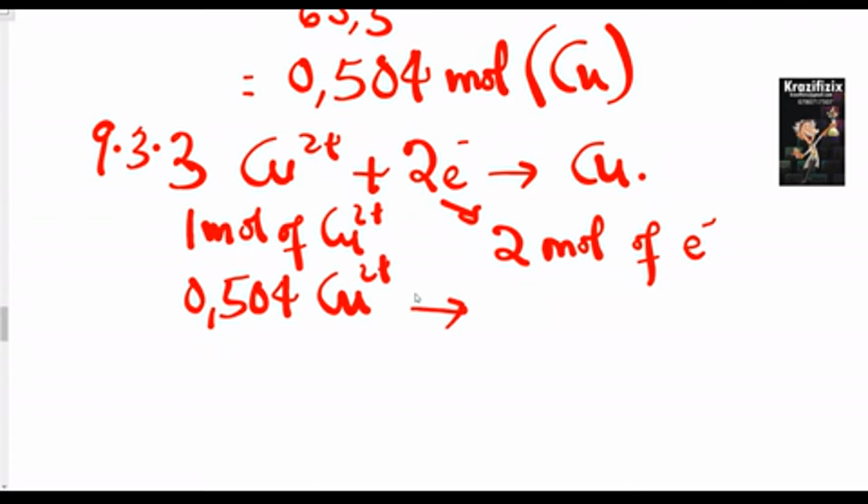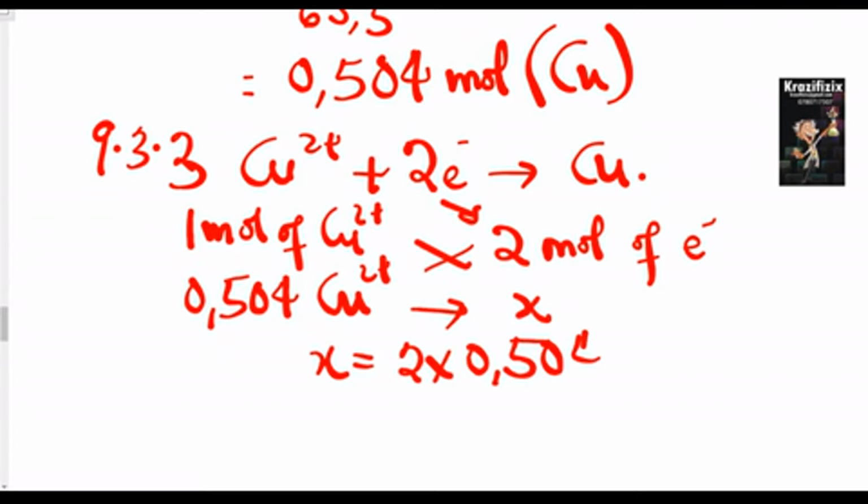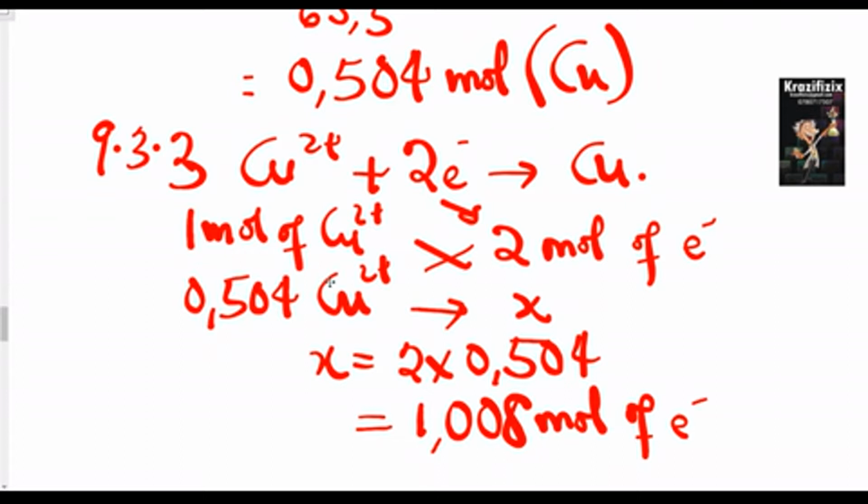How many electrons would that need? If we say X and then we cross multiply, X will be 2 times 0,504, and that should be 1,008 moles of electrons.